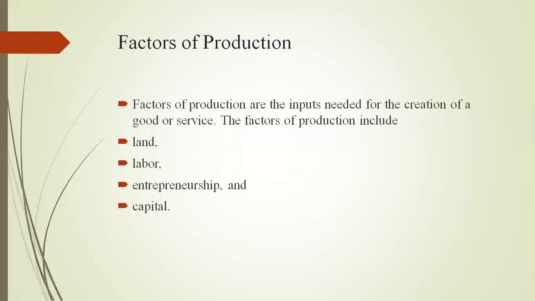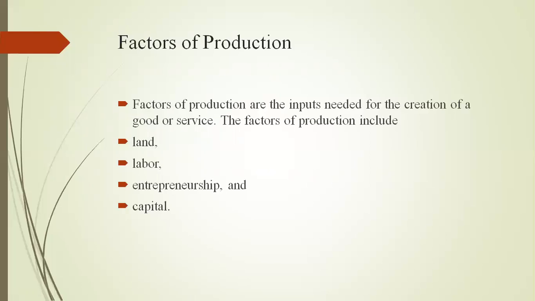So let's discuss the first factor, that is land. Land, the verbal meaning is jameen, in Hindi. But how land could be a factor of production we will discuss. So land has a broad definition as a factor of production, and it can take various forms.